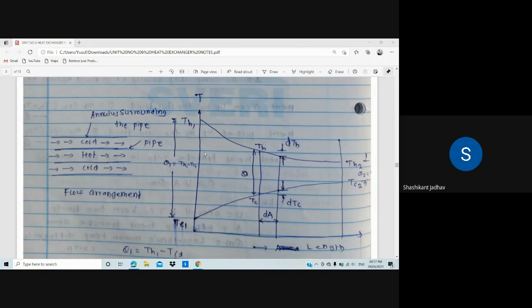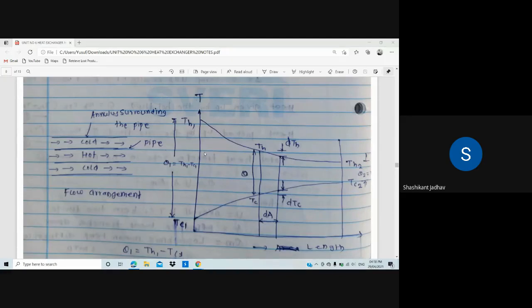We have denoted the small temperature difference for the hot fluid as dTH, and for the cold fluid as dTC. Compared to the earlier line of TH and TC, the temperature has decreased there, so that temperature change for the hot fluid is dTH, and for the cold fluid is dTC.